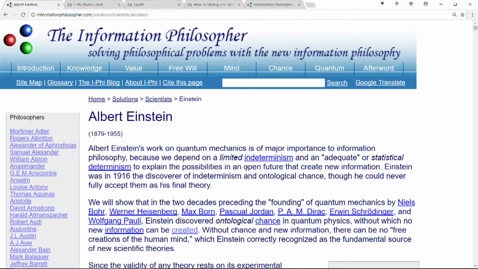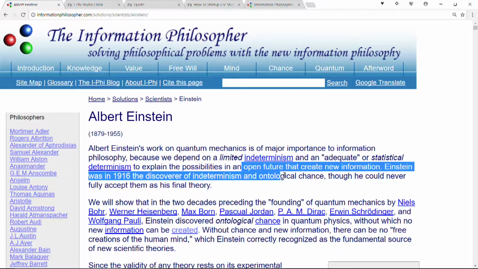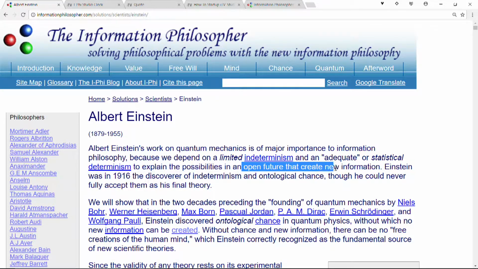This indeterminism gives us a possibility of an open future, because if we had no randomness whatsoever, if there was no indeterminism breaking causal chains with the past, then everything that we know today would be implicit, that is to say, in principle, knowable by the information that was present in the world in the past.